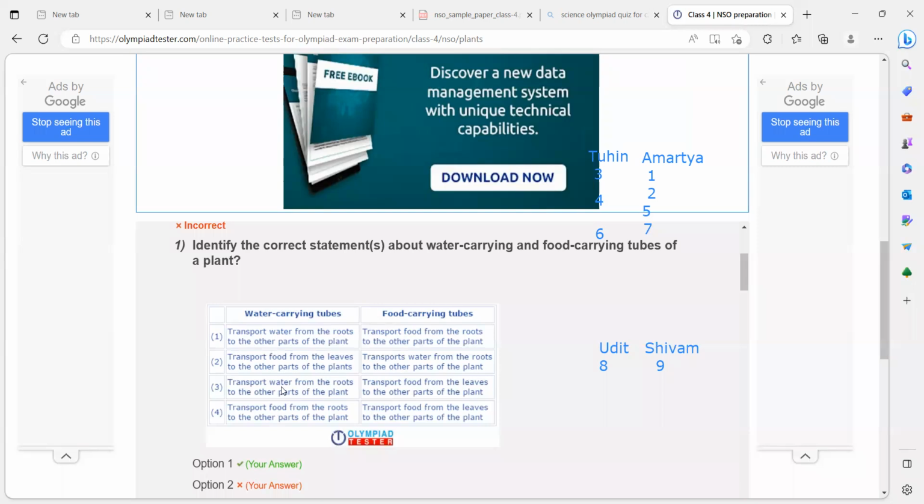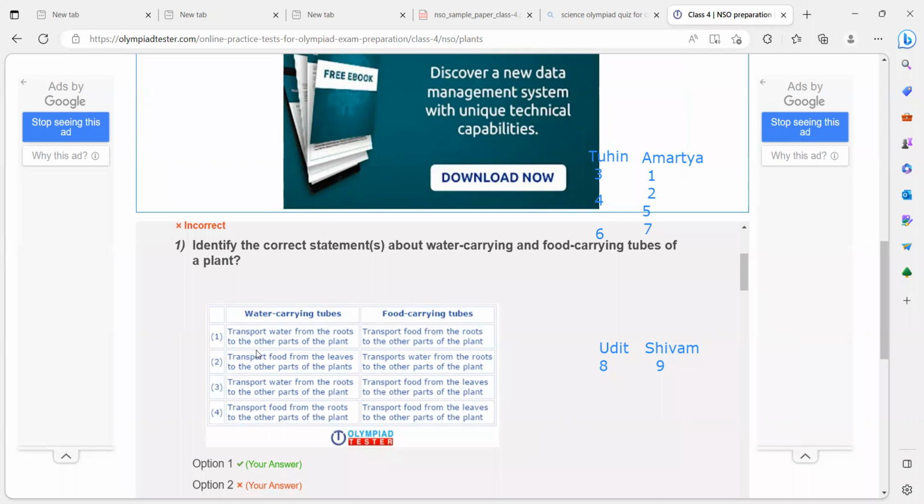Okay, number 3. So number 2 is not correct. Why? Transport water from the roots to the other parts of the plant. How can a food carrying tube transport water? And how can a water carrying tube transport food? Is it clear, Amartya?